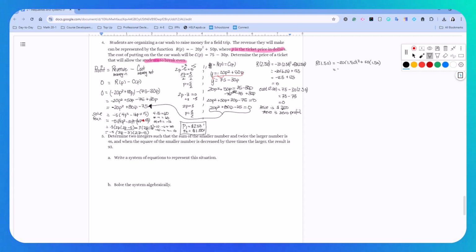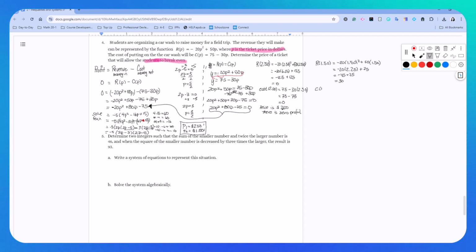Well, we get negative 20 times 2.25 plus 50 times 1.5, which is 75. And here we get negative 20 times 2.5, which is negative 45, plus 75, which is 30. Okay, so if the shaker price is $1.50, the revenue that comes in is $30.